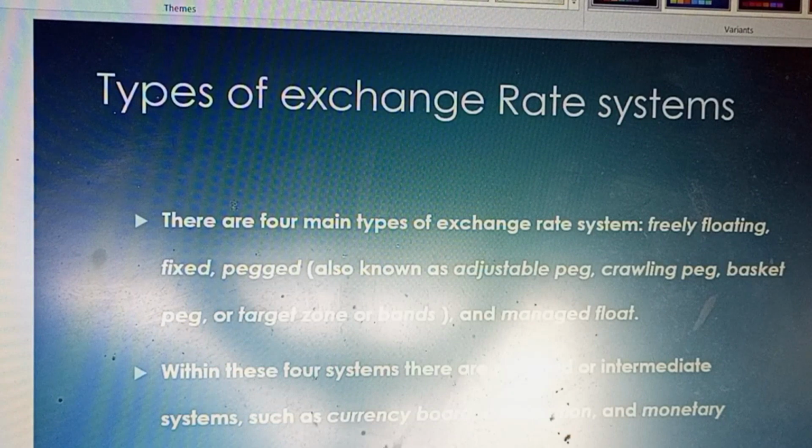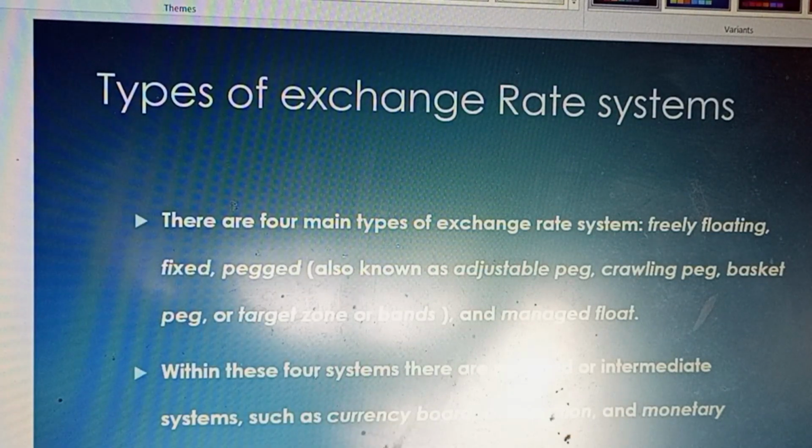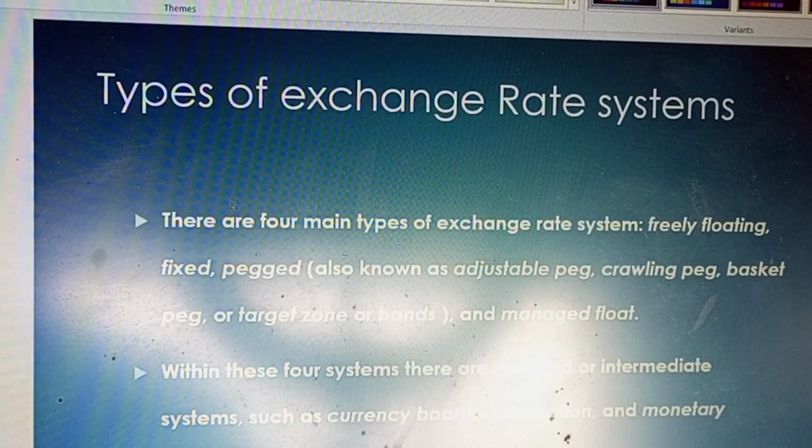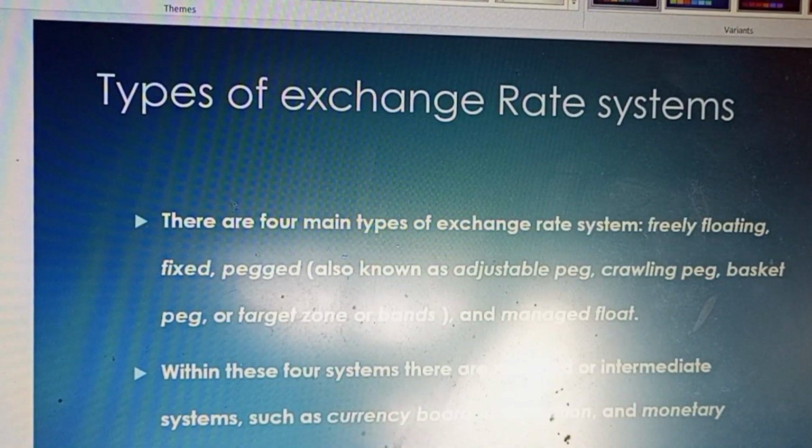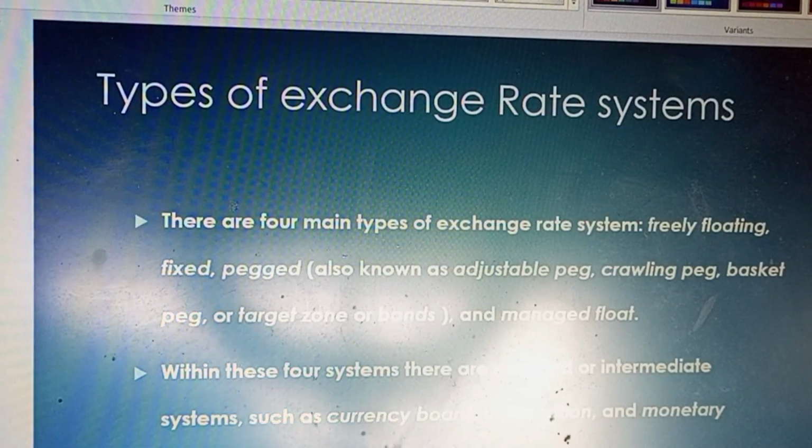There are four. I'm going over it again. We have the free floating system. We also have the fixed exchange rate system. We also have the pegged exchange rate system. And then lastly, we have the managed floating exchange rate system.